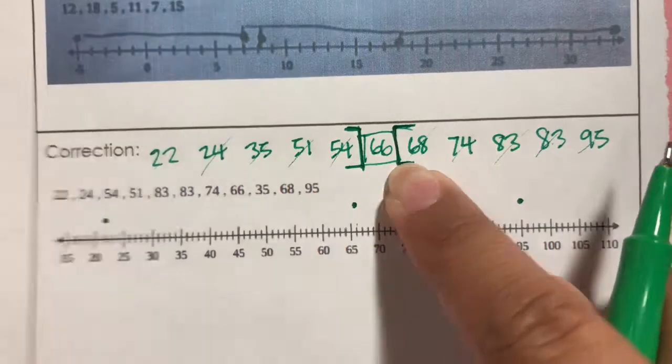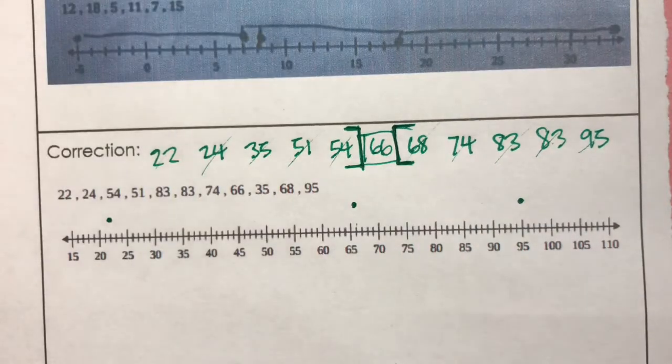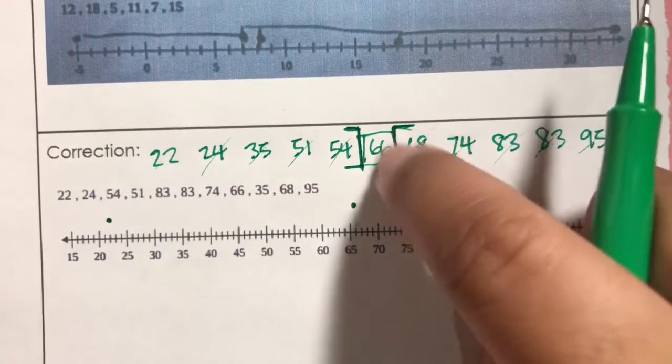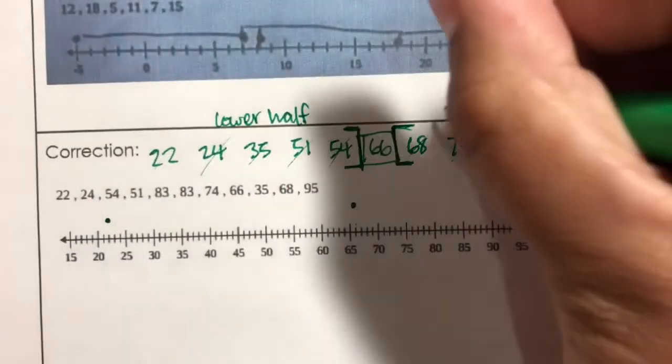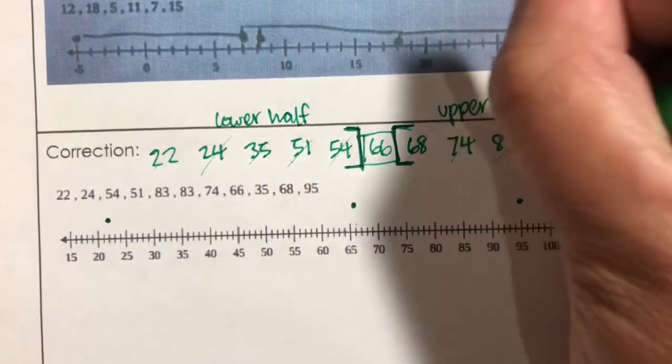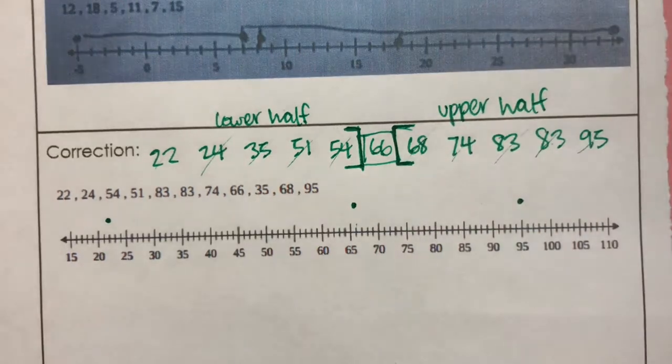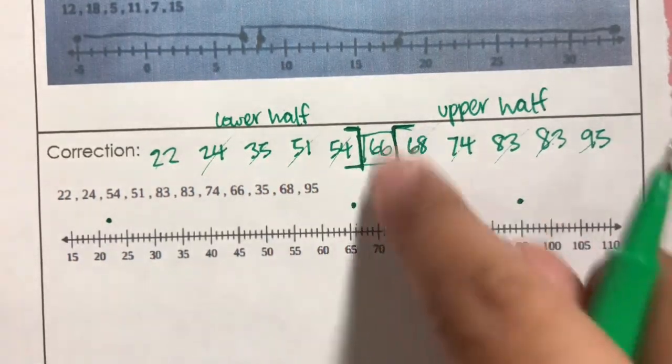See how that works? Because in our last problem, remember when I said if you have two numbers, then you have to include that number in the median. But because there's only one, this is our lower half. We don't include the median. And this is our upper half, which again, does not include the median. Okay? Because there's only one number in the center.